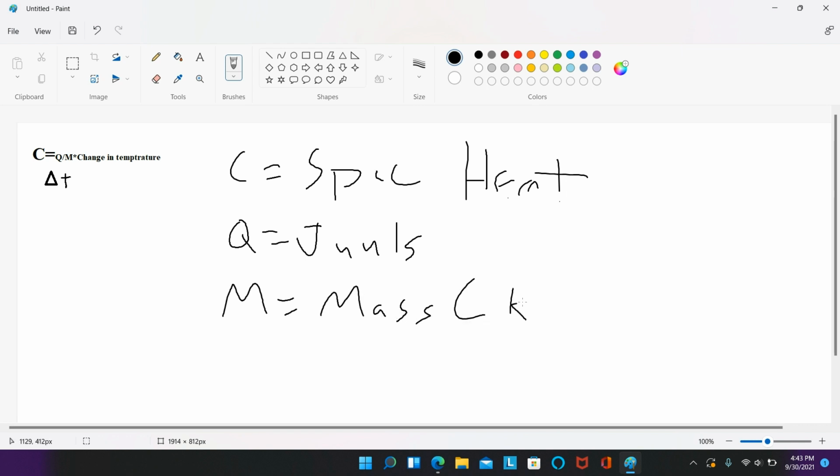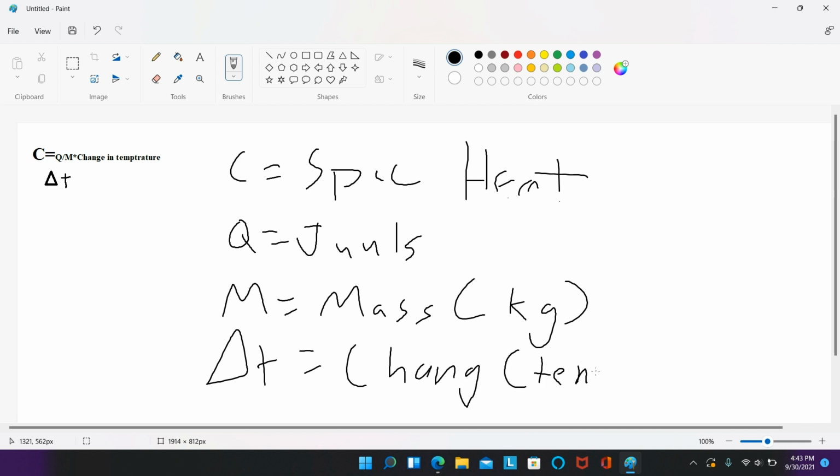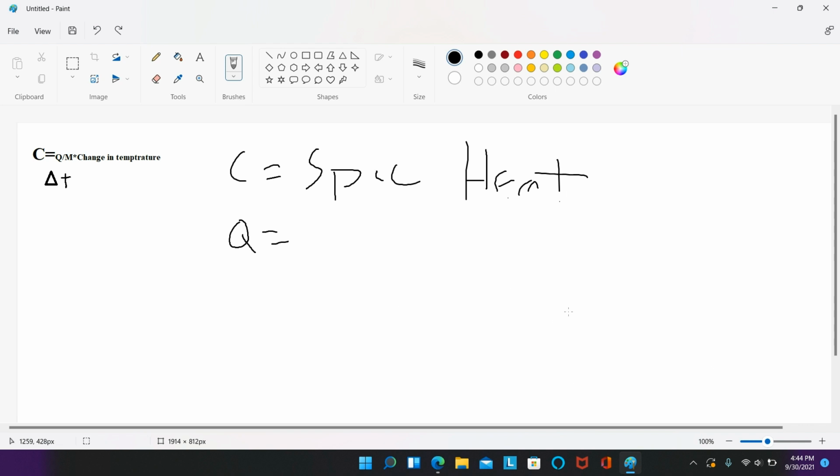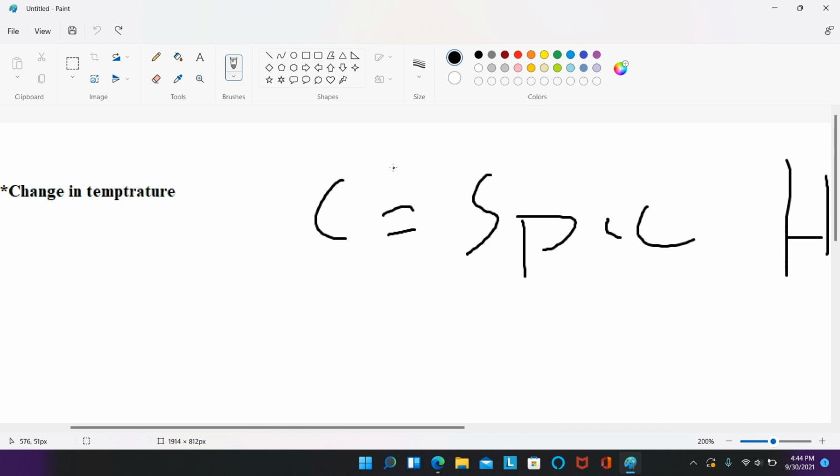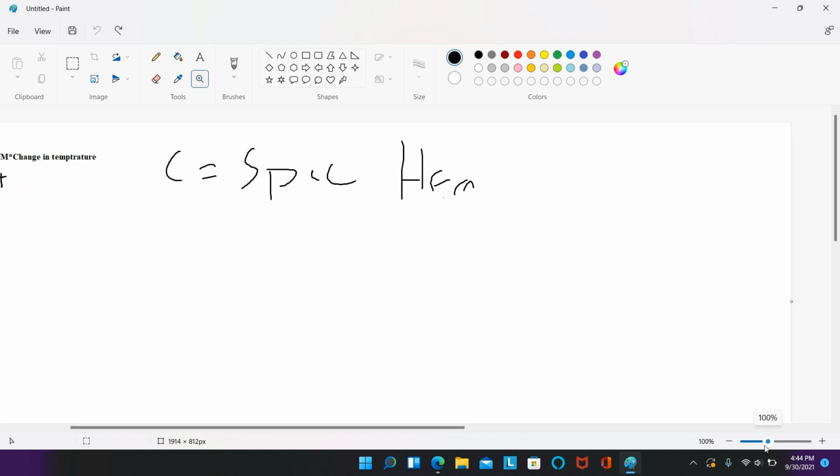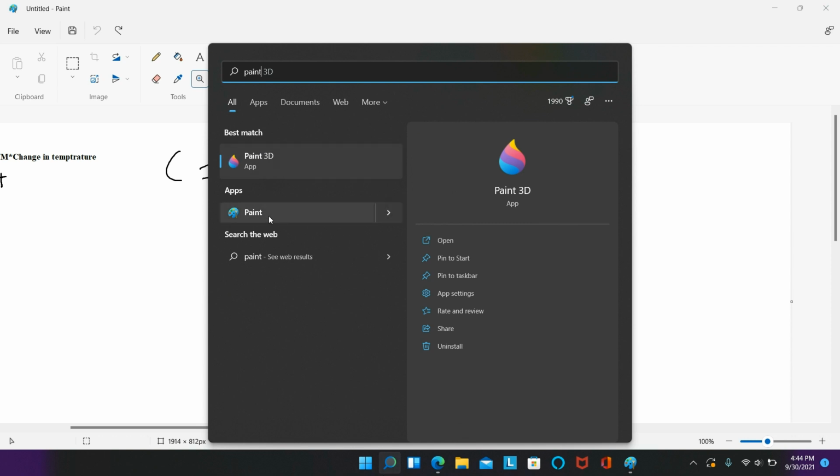And delta T is the change in temperature, which is also usually measured in Kelvin, which is just K. So now that you know the basics of this, let's go on to the next spectrum of it by opening a new tab.